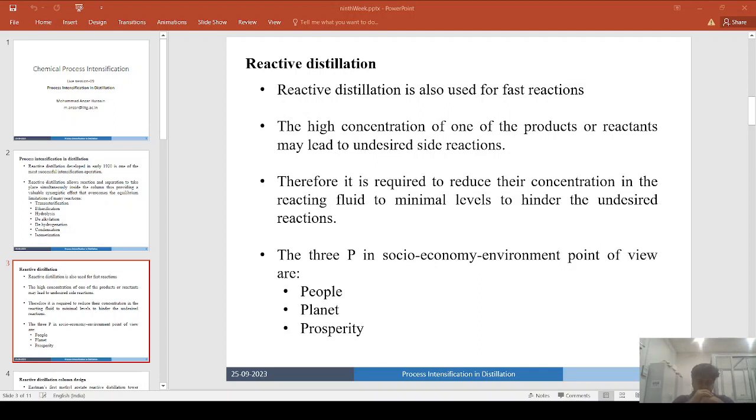Now in terms of environment, which comes from the 3P, people, planet and prosperity. We have discussed prosperity. Now in terms of planet, planet looks towards the application of process intensification for the benefit of the environment. The important goal is to lower the emissions to the environment.